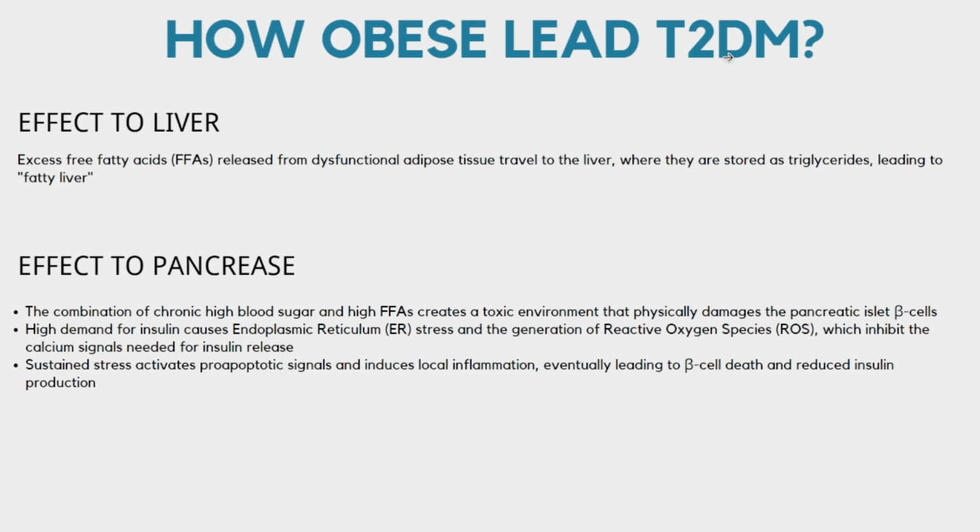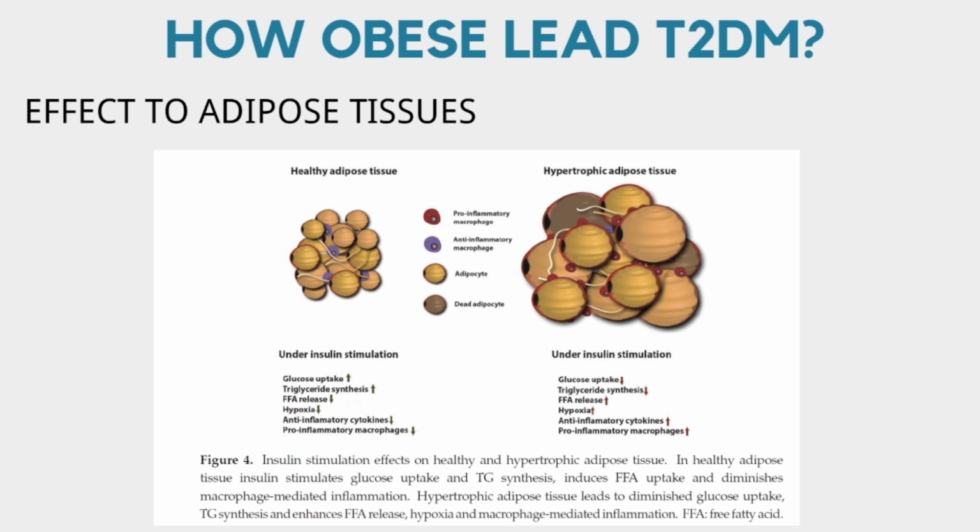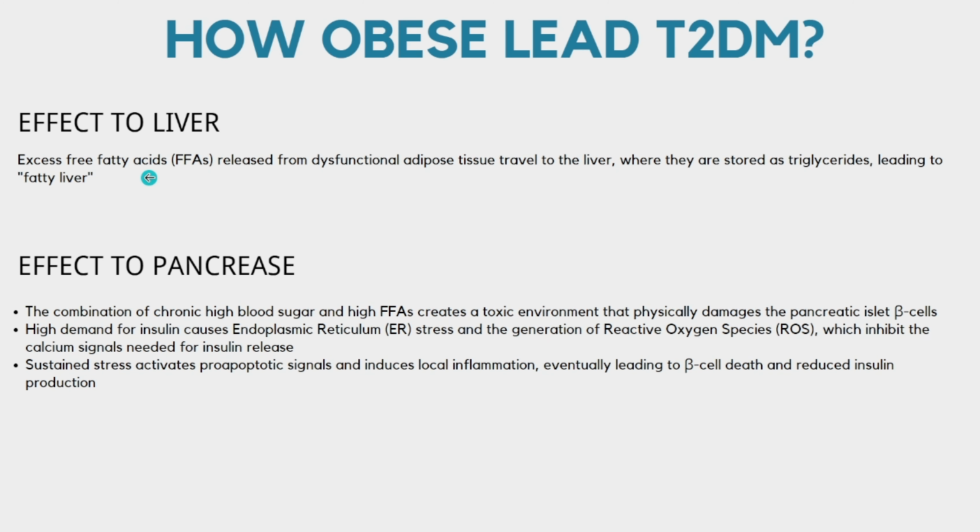Okay. So, the effect on the liver. Excess free fatty acid, as I mentioned, is released from the dysfunctional adipose tissue. When it travels to the liver, it will be stored as triglyceride, causing fatty liver.